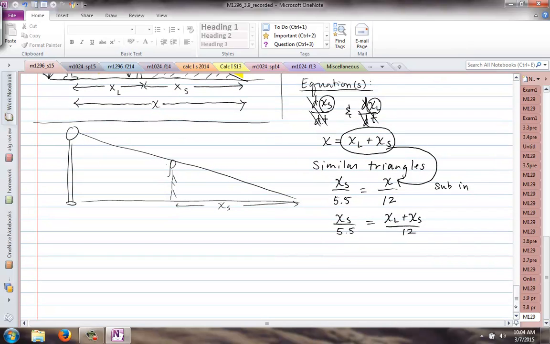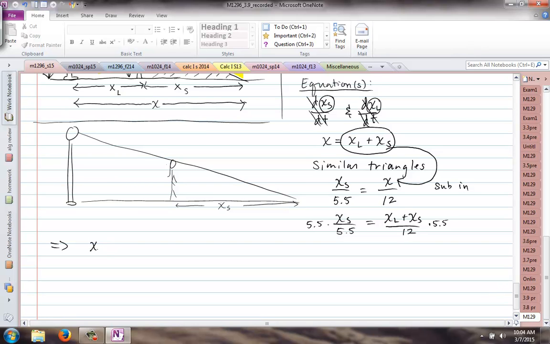So you could take the derivative at this point, but you might want to do some algebra first and just get that reduced down as much as possible. So we will have some like terms with the x sub s's going together. So what I'm going to do, I'm going to multiply both sides by 5.5, just kind of clear these fractions.